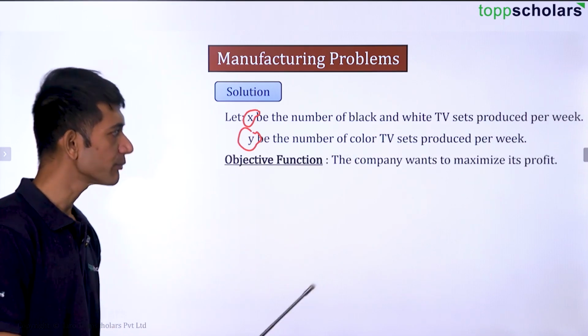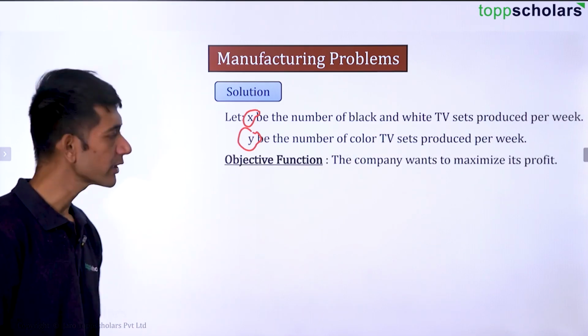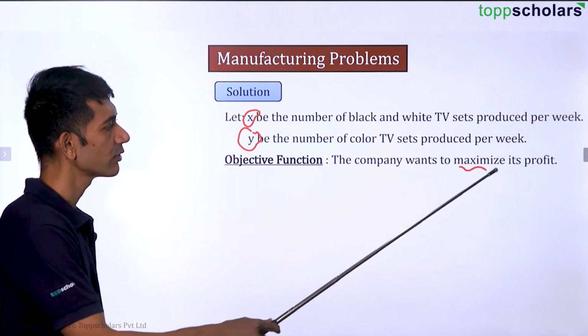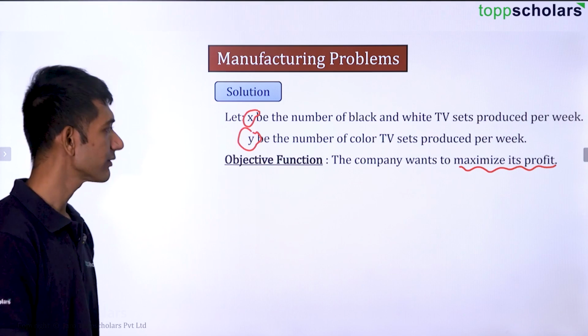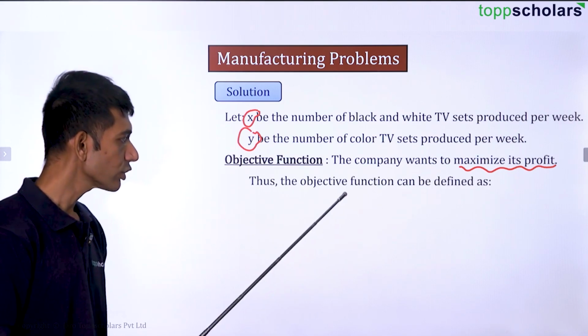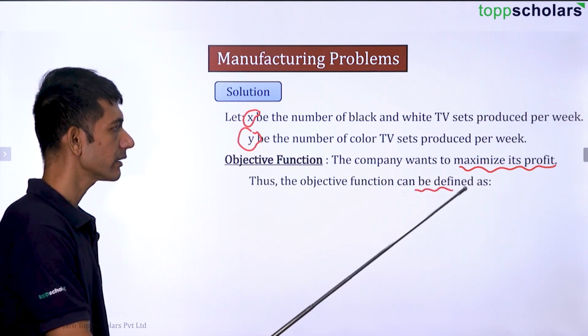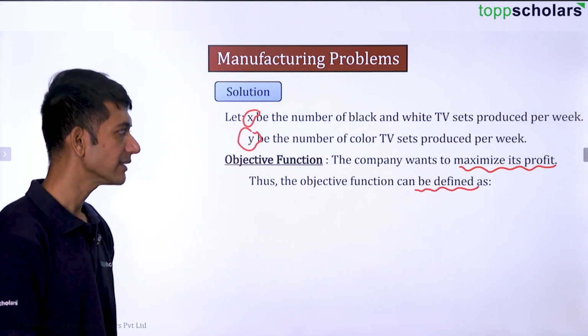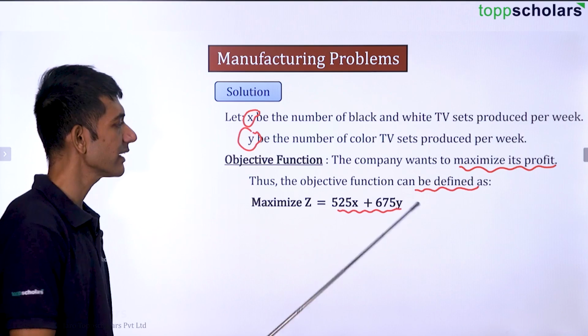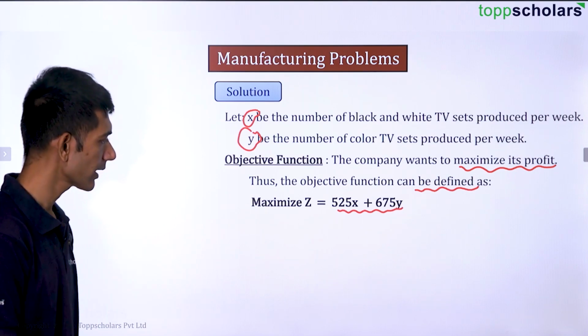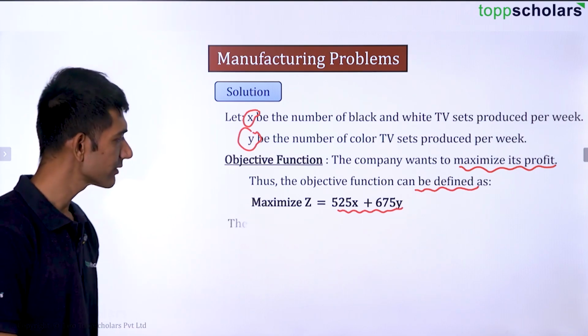Now let us talk about the objective function. What is the objective? The company wants to maximize the profit. So the objective function can be defined as Z = 525x + 675y. We are supposed to maximize this.